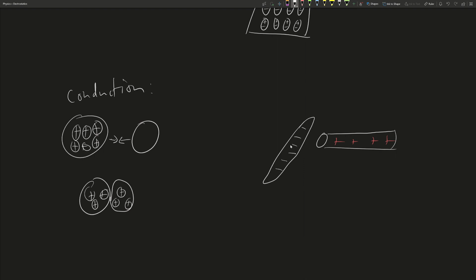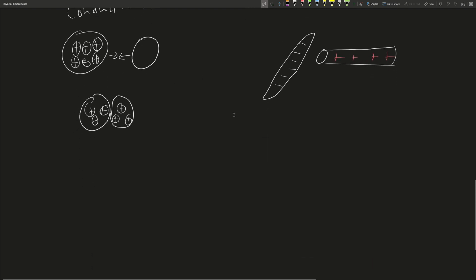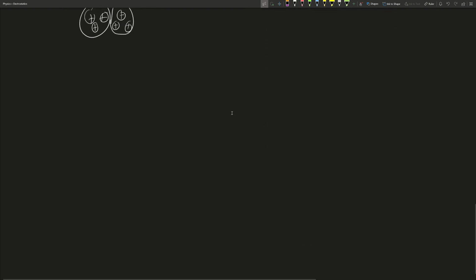So only the point of contact can get neutralized. In order to neutralize the entire rod, you have to sweep or wipe the length of the rod against this other charged object, because since it's an insulator, the charge cannot spread out throughout the insulator to neutralize it. So these are examples of conduction causing the transfer of charge.